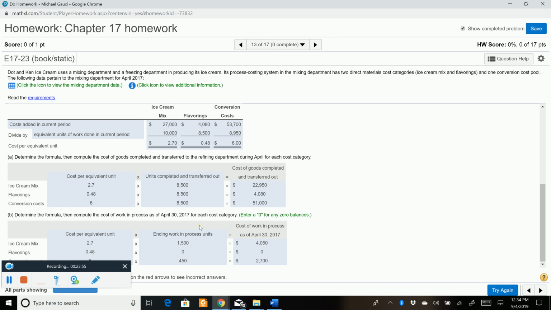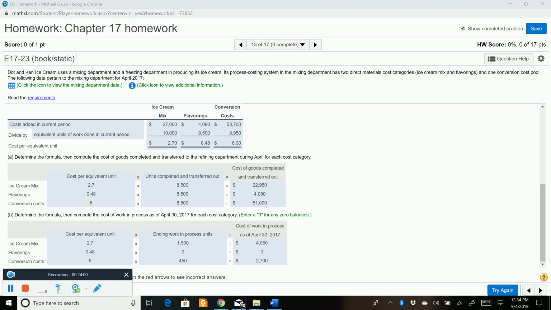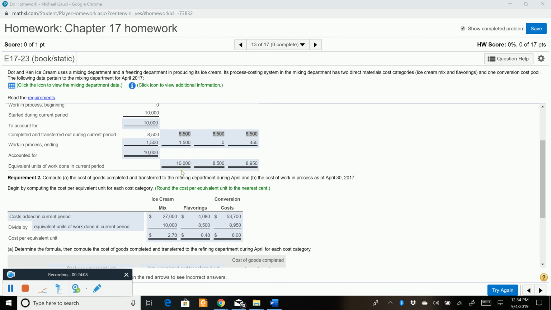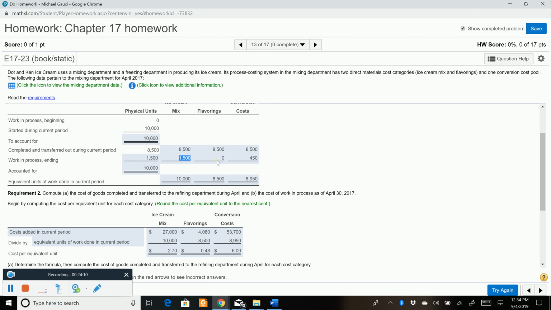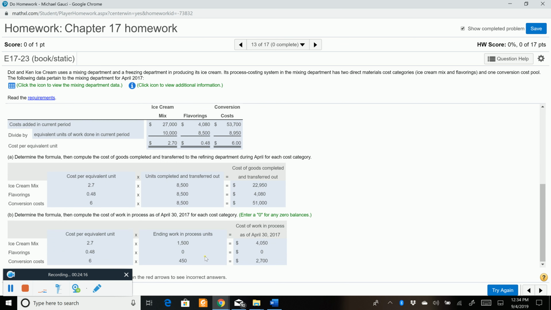And the cost of goods that remain in ending inventory, we will take the same cost per equivalent units for the mix, the flavorings, and the conversion costs, but we will multiply it by the equivalent units in the ending WIP, which earlier was 1,500 for mix, 0 for flavoring, 450 for conversion costs. That's where you get your 1,500 and 0 and 450 multiplied by the cost per equivalent unit.